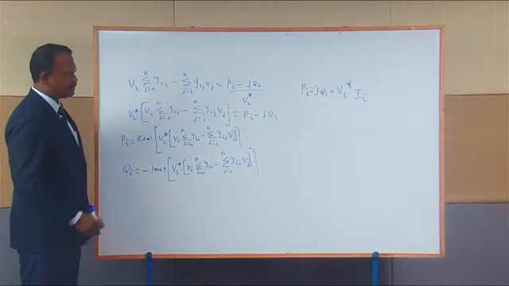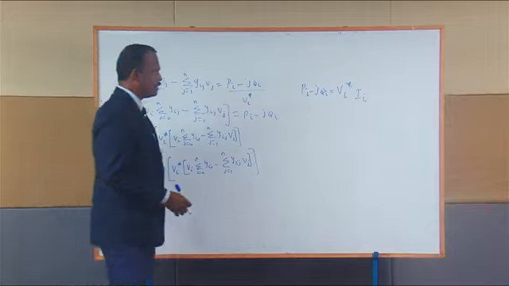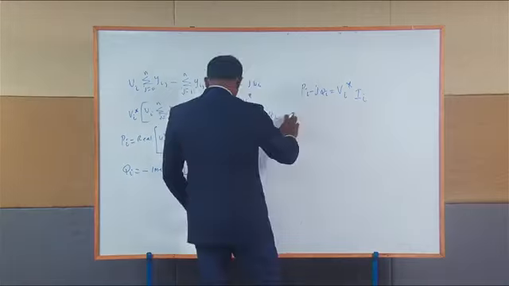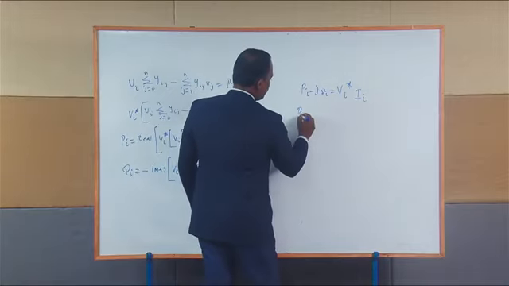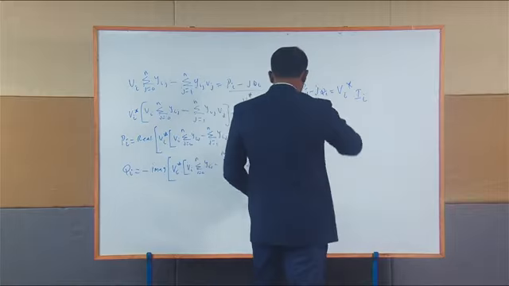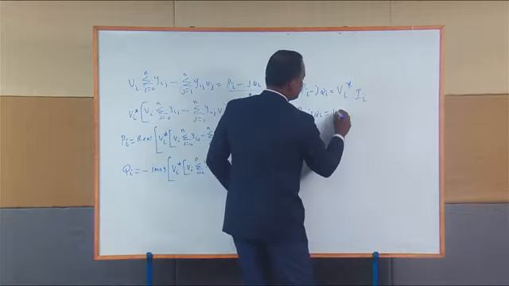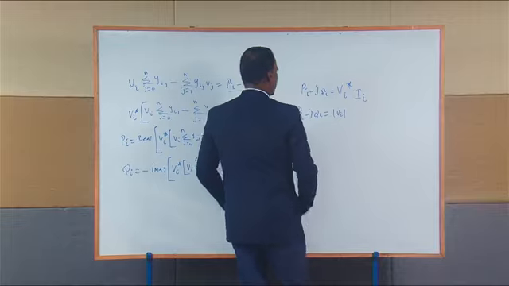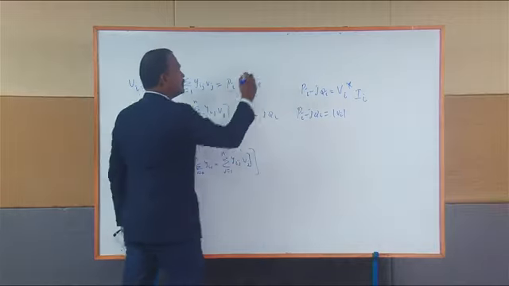Now you just convert this equation into polar form. Then I can write Pi minus jQi is equal to, let us take Vi.